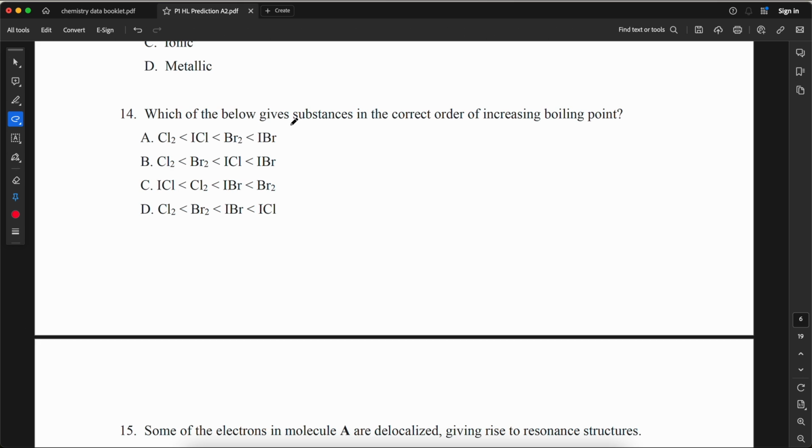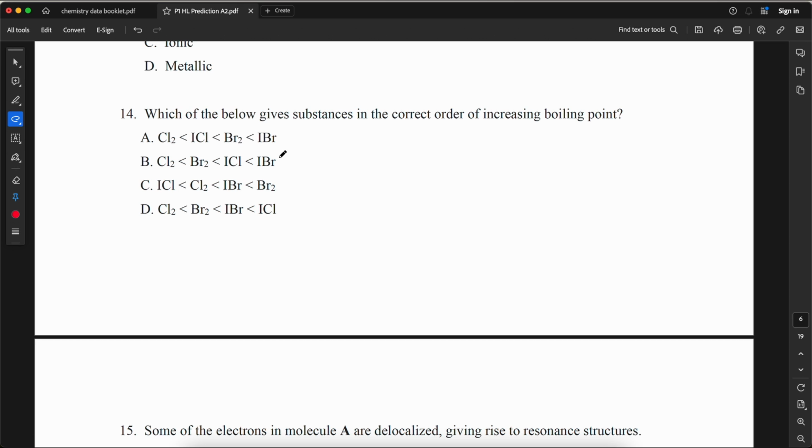Okay, because they are quite close. IBr and ICl come from the same group, so all of them have London dispersion forces.